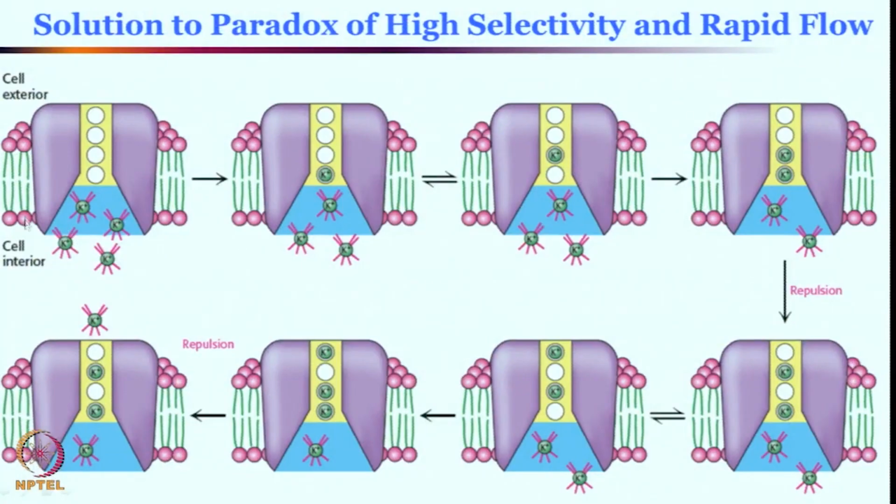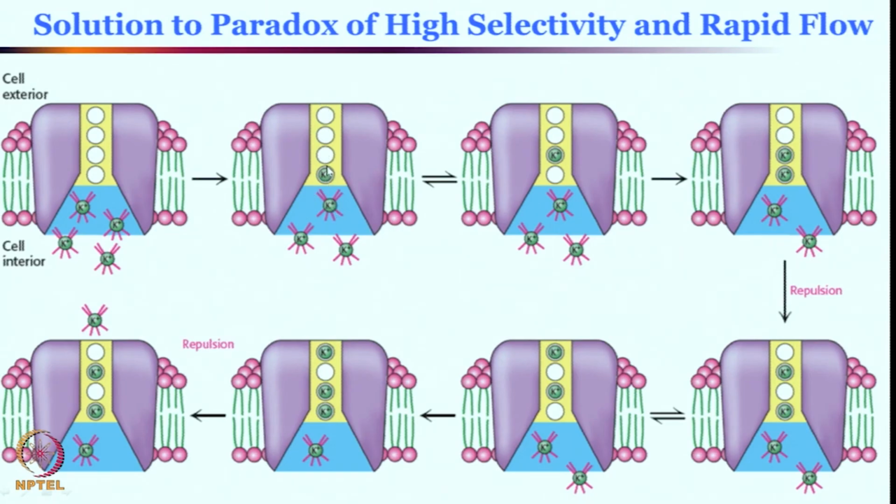Cationic potassium ions will repel each other, right, same charges repel each other. So, let us say the cell interior has these 4 potassium ions, and they want to pass through the channel. One of them will start diffusing through this channel and comes over here, but this process may be slow, and this is when the second potassium ion, which is also trying to get through this channel, will come into the picture.